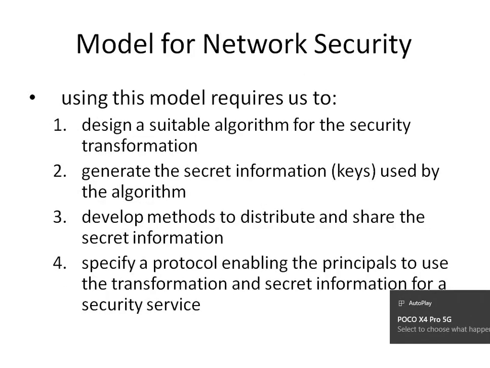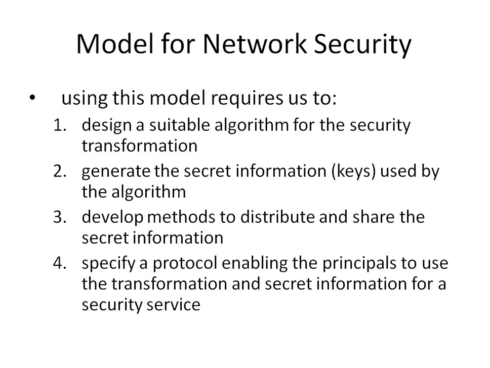Next, for modeling network security we need some requirements. The foremost thing is that we need a suitable algorithm for converting the original message to an encoded message. Second, we need to generate secret keys in order to protect our message.